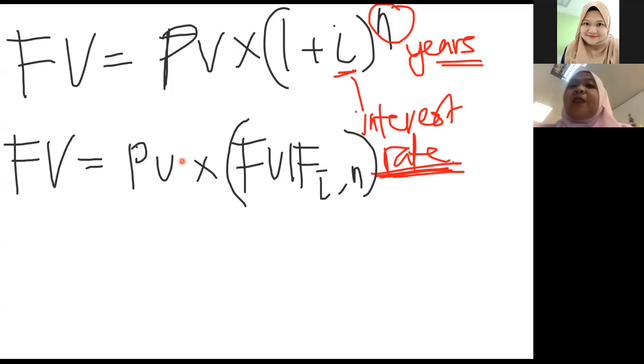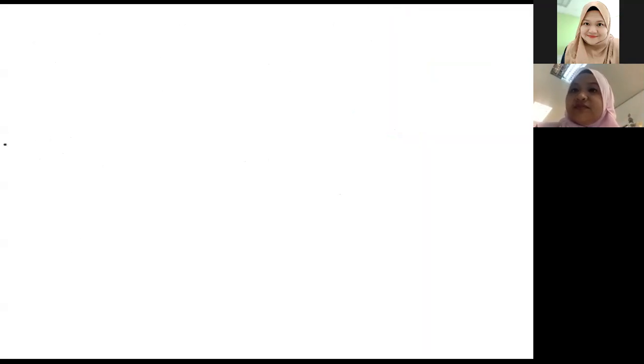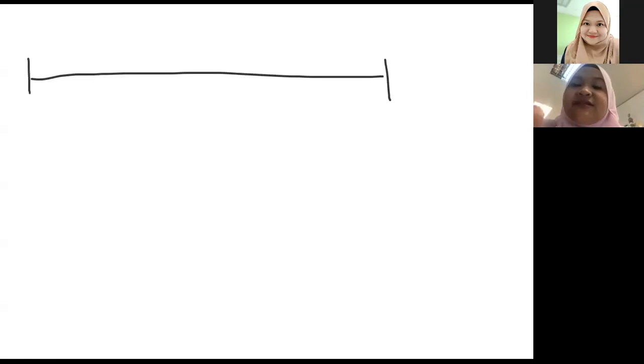All right. Let us go to page 28. Let us try to answer this question. The question asks: Jane Jamila placed 800 ringgit in a saving account, paying 10% interest compounded annually. So this 800 ringgit is the present value.